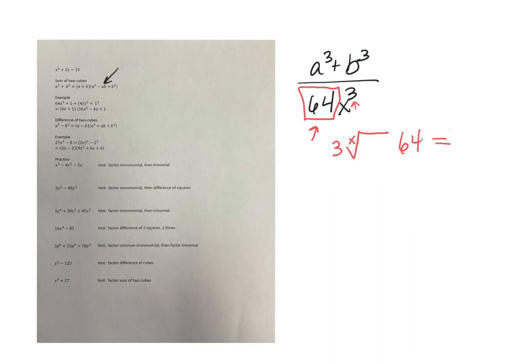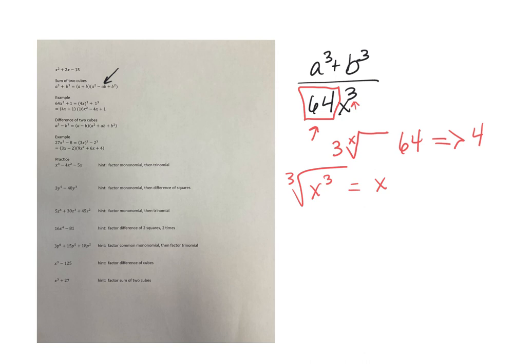That should generate an answer of 4. So the cube root of 64 is 4. The cube root of x cubed is x.